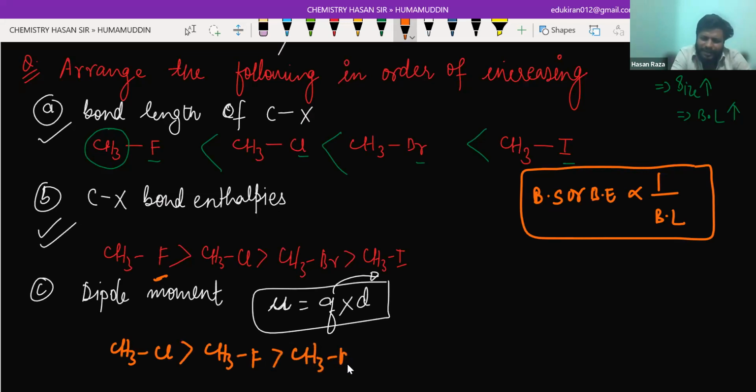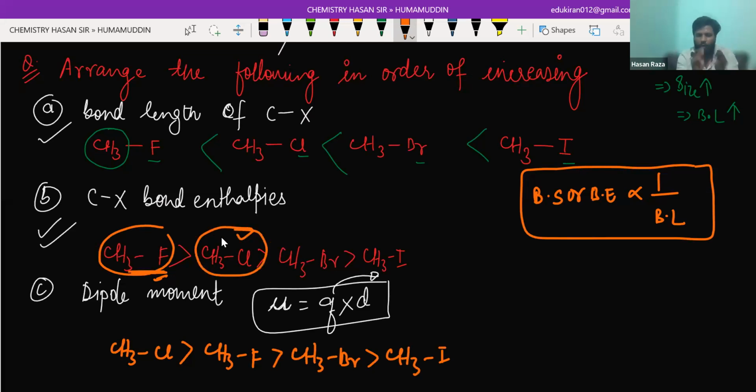Down the group, it decreases except for fluorine and chlorine, as you can see. Chlorine, see what happens here. CH3F should be higher, but it is not. CH3Cl is dominant over CH3F because chlorine is also highly electronegative, and the bond length also matters. That's why.